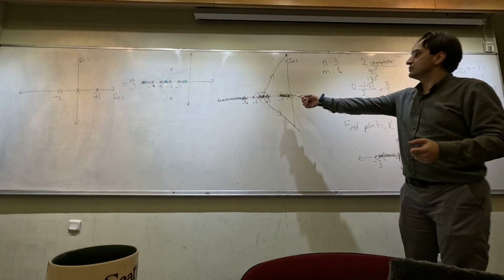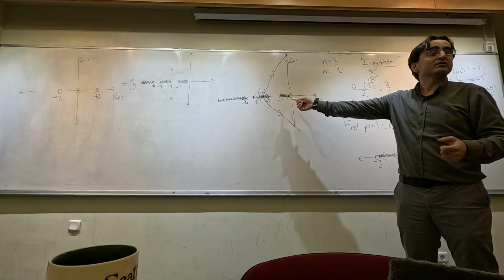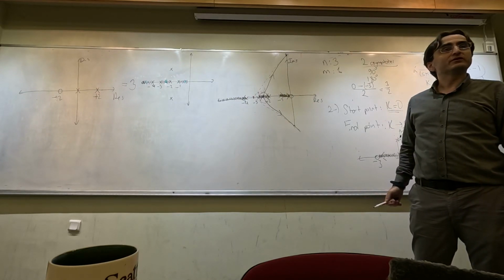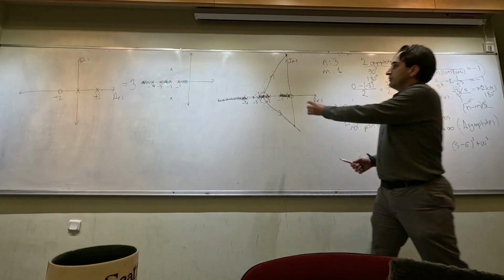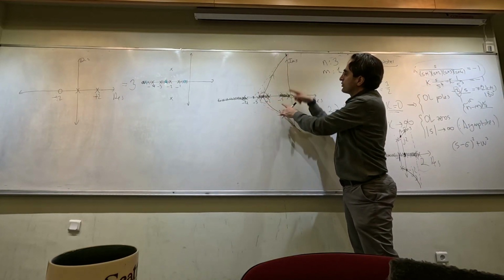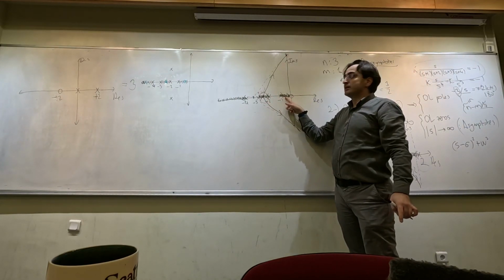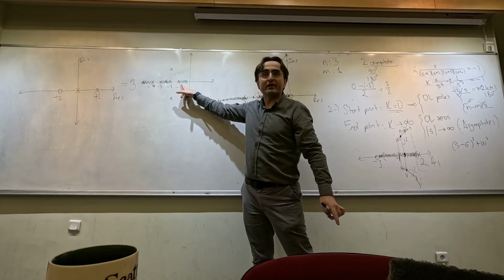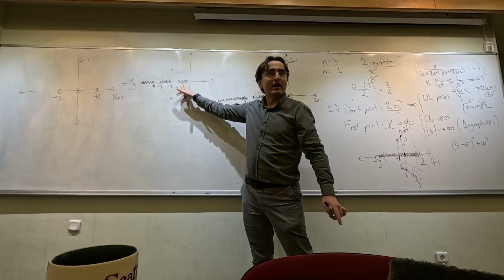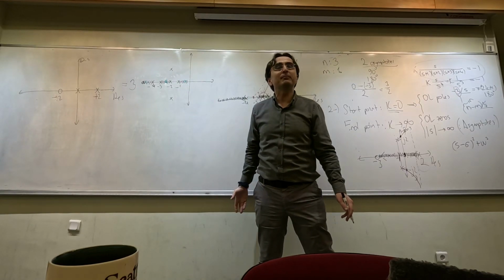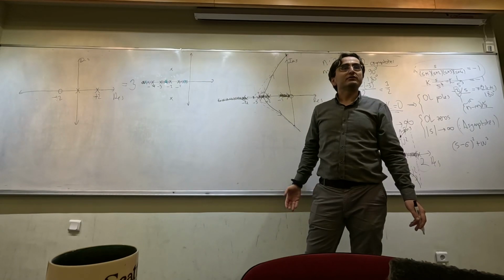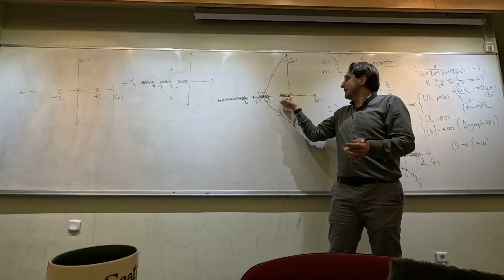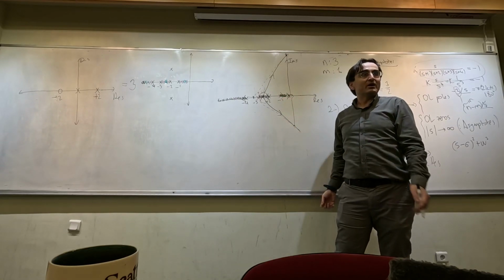For example, what can you say about the settling time of this system? Which closed loop pole determines the settling time of this system? So here, for small k values, the closed loop pole here determines the settling time. And as we increase k, what happens to the settling time? Settling time increases because the closest pole to the imaginary axis gets closer and closer to the imaginary axis.